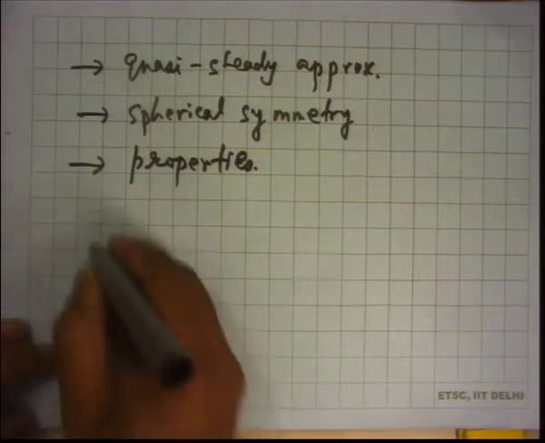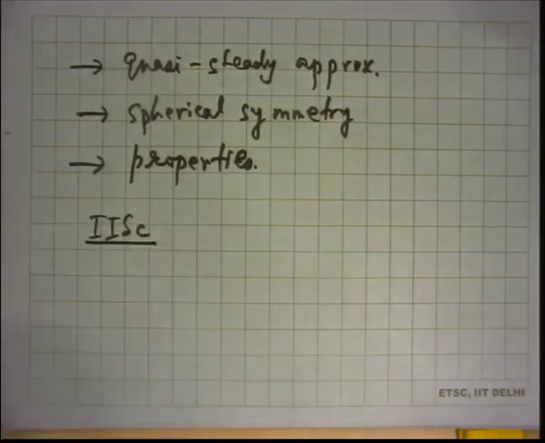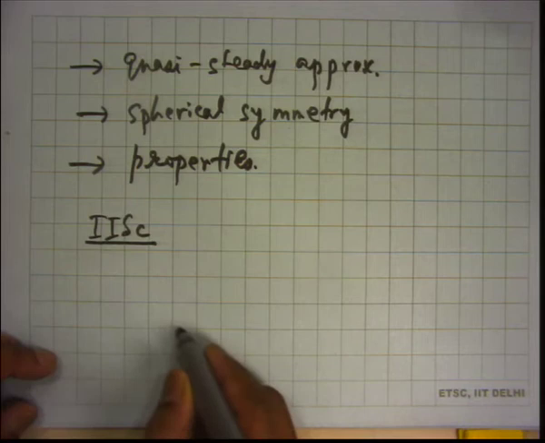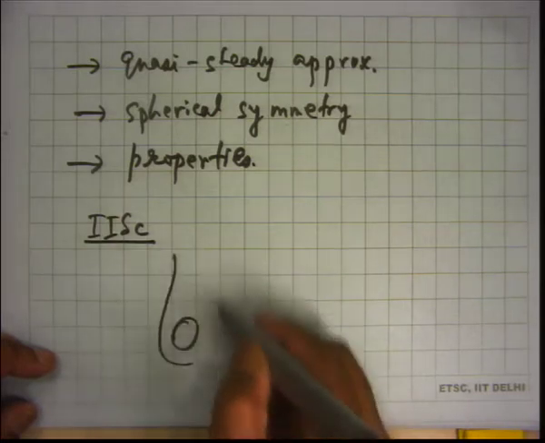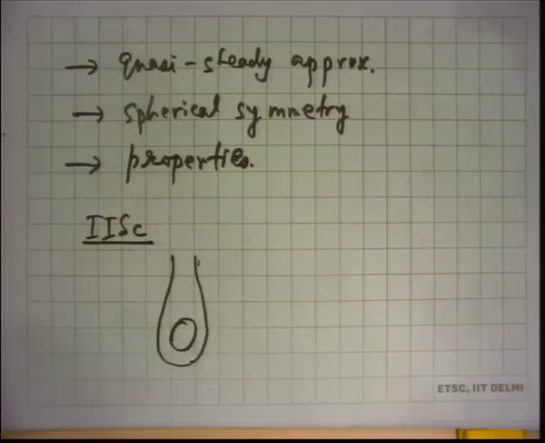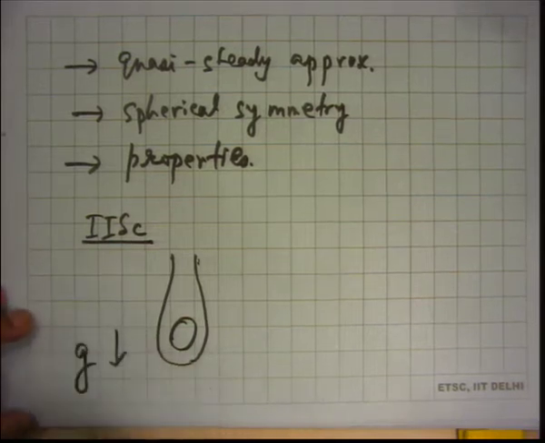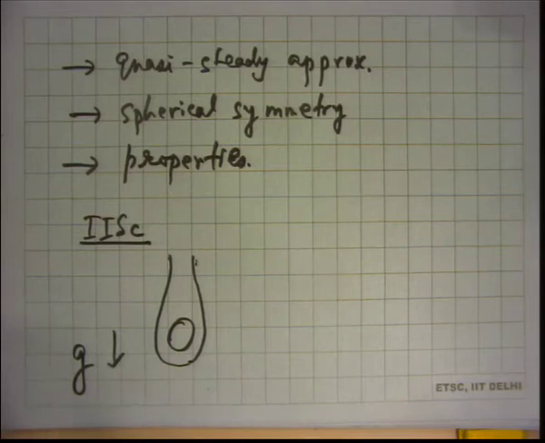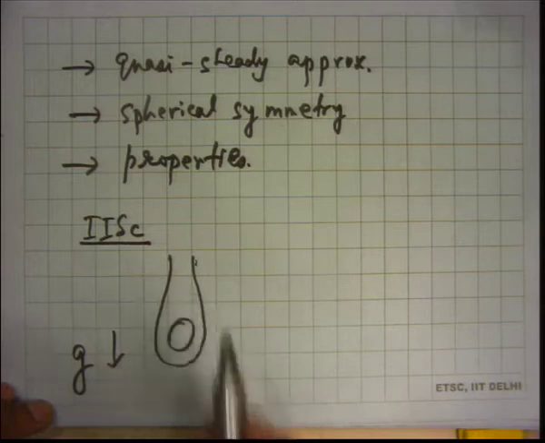So this is the one which IISc people had done, Indian Institute of Science, and then they had this droplet, and their flames looked like this, isn't it? So these were normal gravity experiments, as I was telling you in the last class. So this had gravity in it. If you have gravity, then due to buoyancy effect, you will have flow like this and the flame shape will be like this.